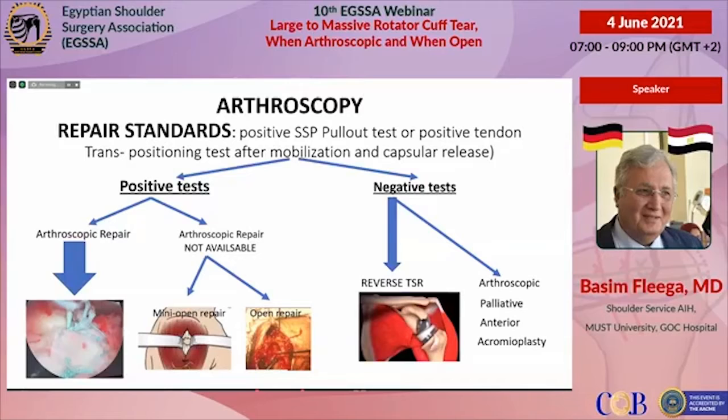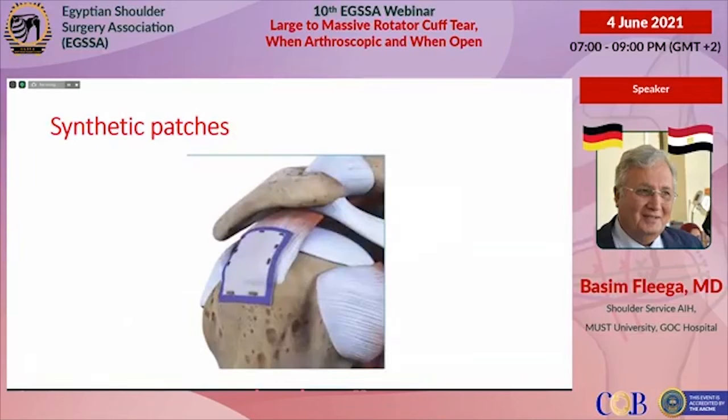If this is not possible, then we can do an arthroscopic palliative anterior acromioplasty. As mentioned by my colleagues before, it may give some relief of pain, but it will not affect the function. Synthetic patches are also used recently, and this will be also discussed by my next speaker, Dr. Oma.